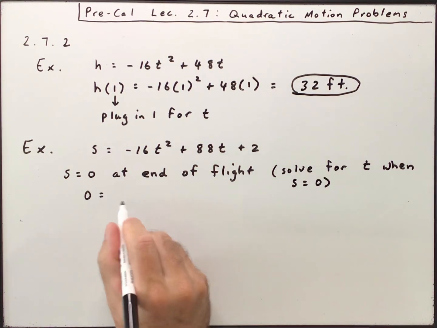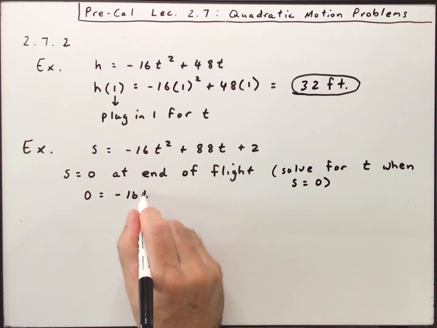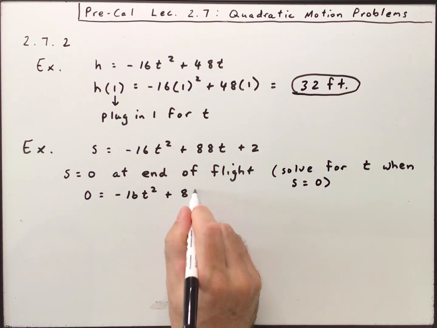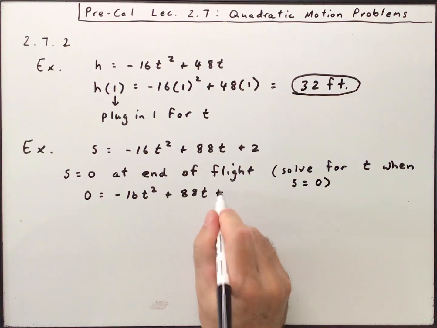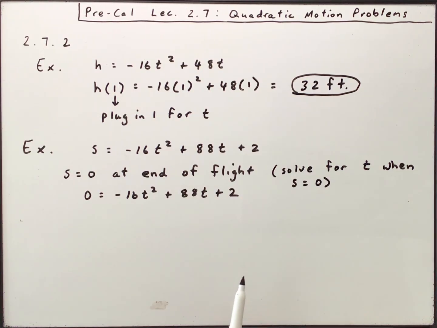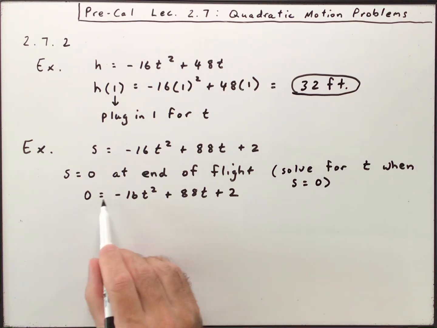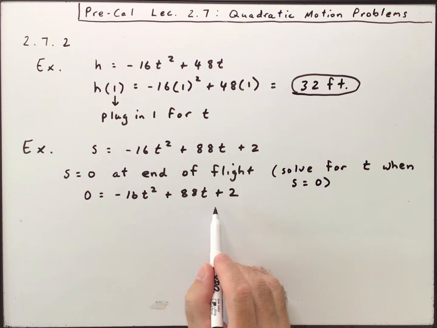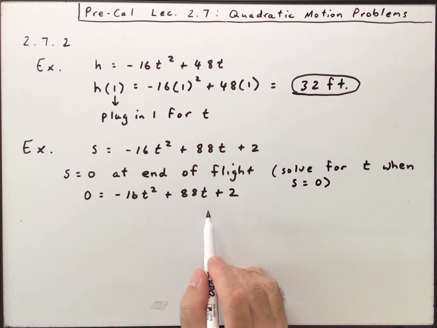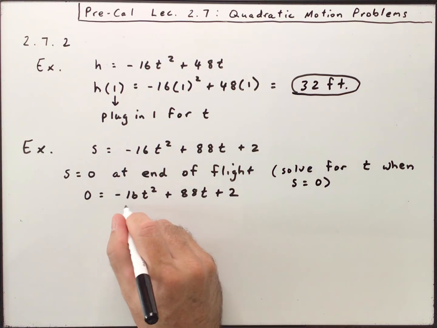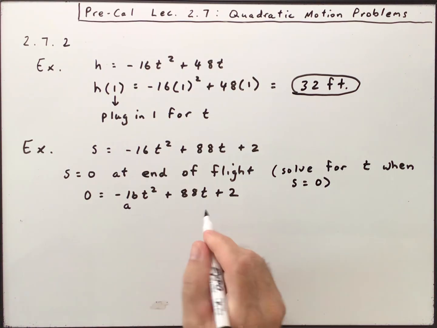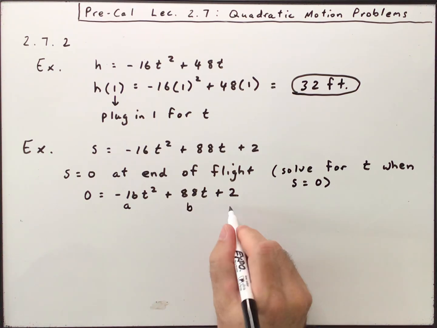All right, so we'd have 0 is equal to negative 16t squared plus 88t plus 2. Now, I can tell you now you can't factor that, so I'll save you a little time. We could divide everything by 2 and make the number smaller, but you have a calculator, so I'm not going to even worry about that. A is negative 16, B is 88, C is 2.